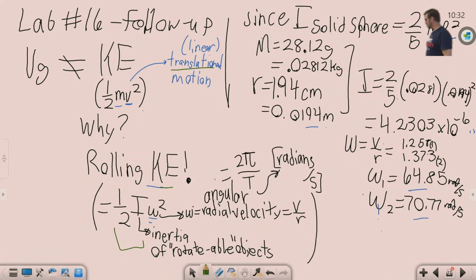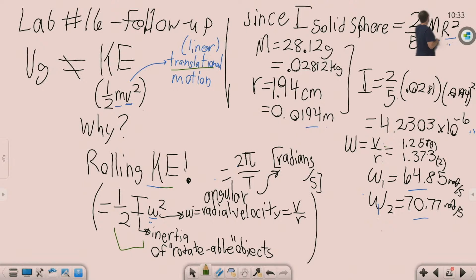The way you use this formula is I had to tell you some features about the marble you used. You already had the mass of your marble, but I had to tell you the radius of your marble. Then you could use the velocity that you found, divide by the radius to find the omega, square it, and plug into the equation. This turns out that 1/2 I omega squared is 2/5 m r squared times v squared over r squared.